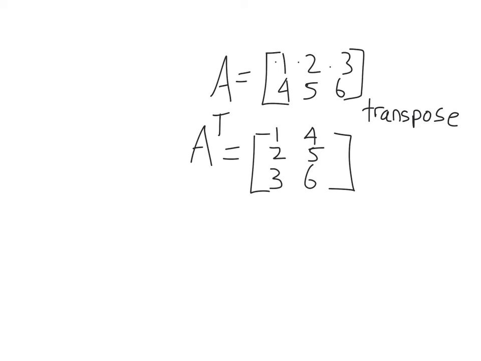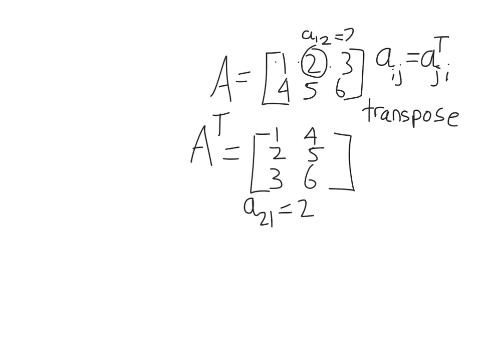So the rule here is that an element in A is the same as the element in A transpose if you just switch around the rows and the columns. So for example, 2 here, that was element A1,2. So in A transpose, it becomes element A2,1. Both of them are equal to 2.